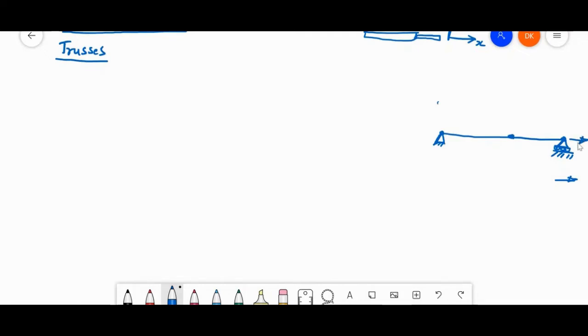In the y direction, this support is fixed, so it will not allow displacement in the vertical direction. That is why this is roller support and this is fixed support.